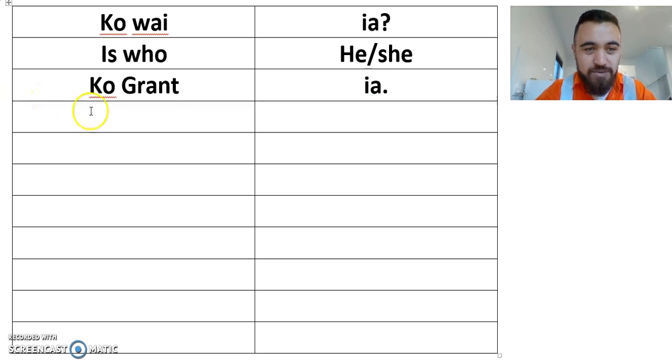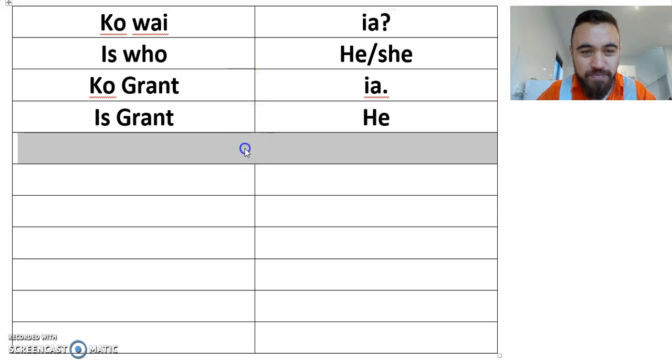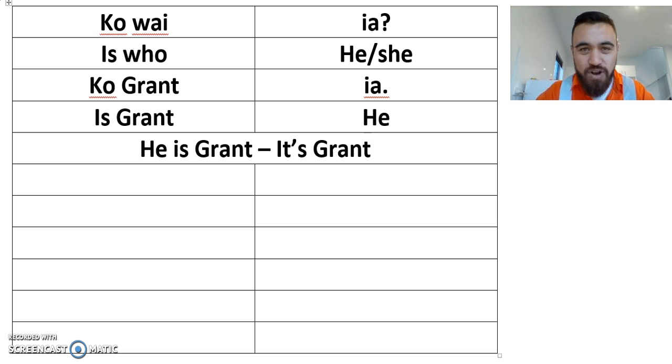And in this case, we're essentially saying, is Grant he, if that was how we're going to translate it, word for word. But in fact, we know that when we say that in English, it actually means he is Grant, or it's Grant, he's Grant, just something simple like that.